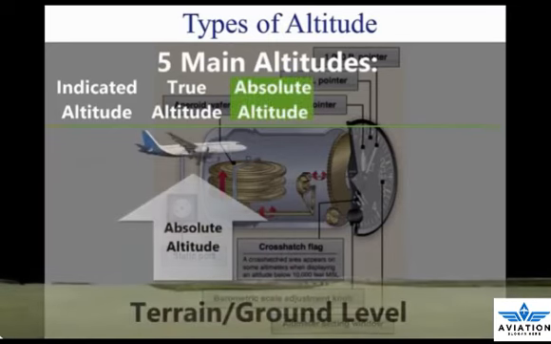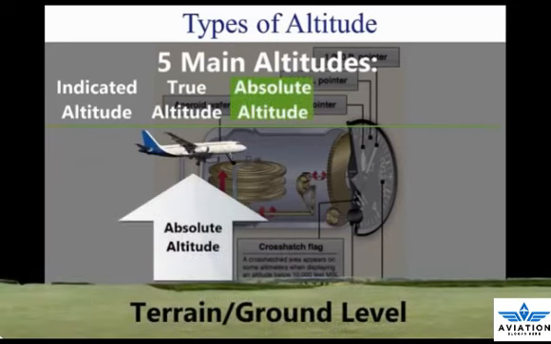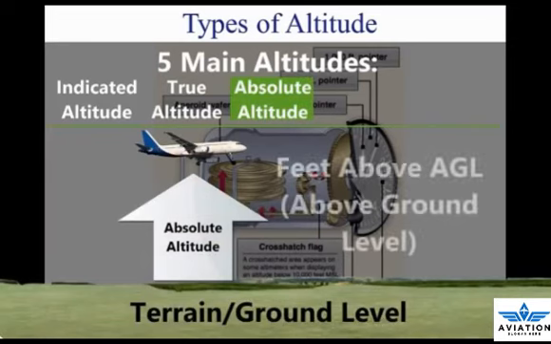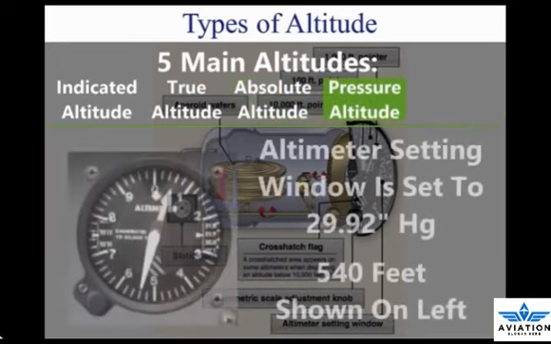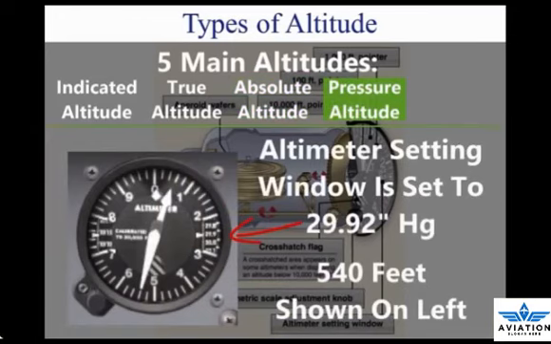3. Absolute altitude. The vertical distance of an aircraft above the terrain or above ground level, AGL. 4. Pressure altitude. The altitude indicated when the altimeter setting window, barometric scale, is adjusted to 29.92 inches.